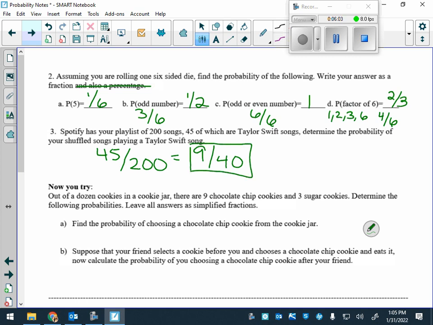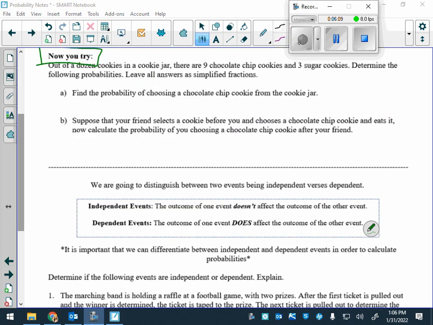Good. Awesome. All right. Now you guys are going to try a dozen cookies. Out of a dozen cookies in a cookie jar, there are 9 chocolate chip, 3 sugar. Determine the following probabilities. Leave all answers in simplified fraction form. So a dozen is how many cookies? 12.